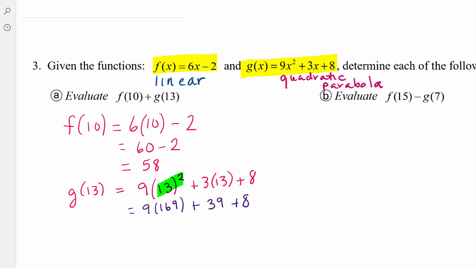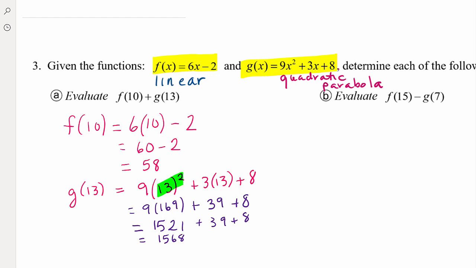Plus 8, and then 9 times 169. It's a good time to use my calculator for that. And so that's going to be 1521 plus 39 plus 8. And then adding all of those together, we get 1568.